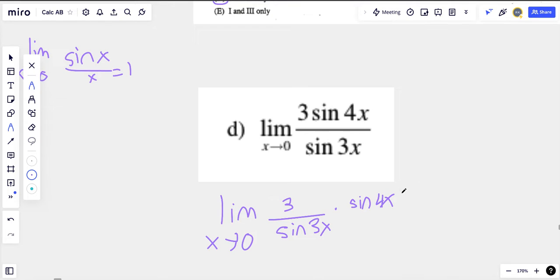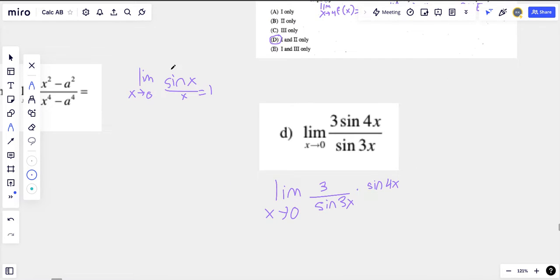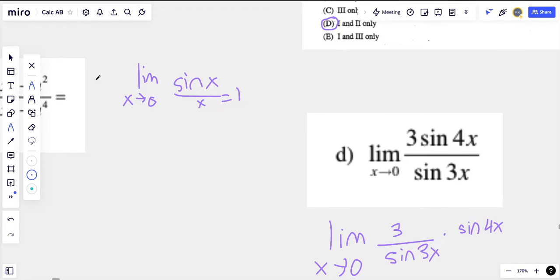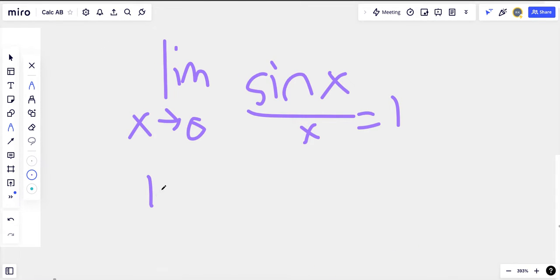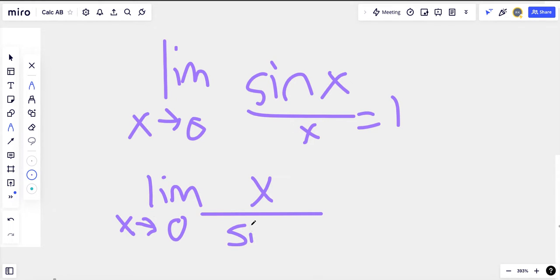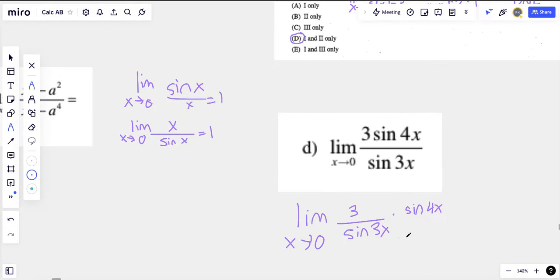I'm just rewriting it so it's easier to break down what's going on here. And now what we can do is make use of the fact that the limit as x goes to 0 of x over sine x is also 1, as I mentioned. And we can make use of this here.